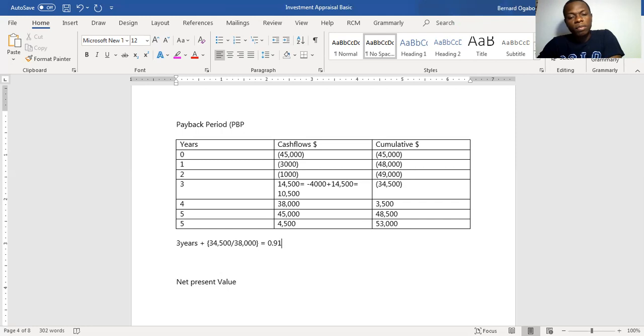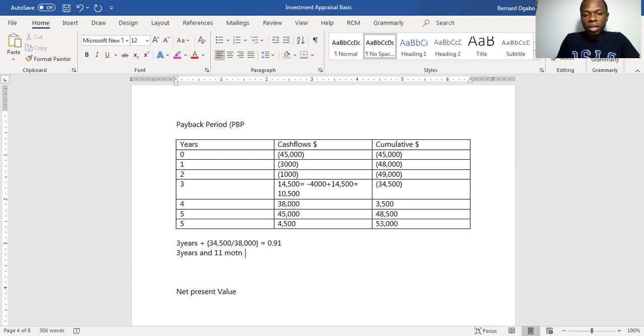So for me to convert it to months, I'm going to multiply that by 12. That gives me 10.8. So I'm going to say 3 years 11 months.